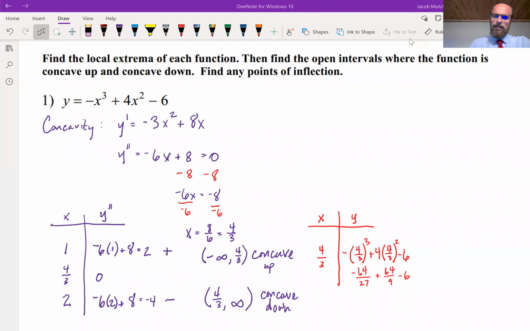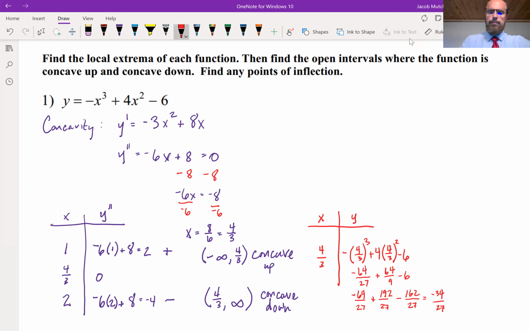So that's negative 64 over 27. I multiply the next one by 3 above and below to get denominator 27. So 64 times 3 is 192. And 6 has no denominator, so I'm going to multiply it by 27, and that's going to be 162. So the output here is the fraction negative 34 over 27.